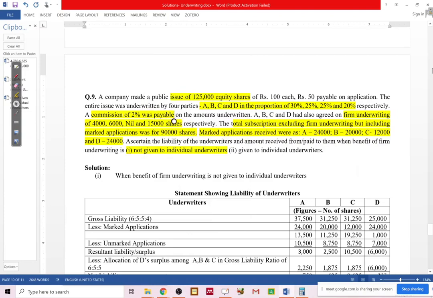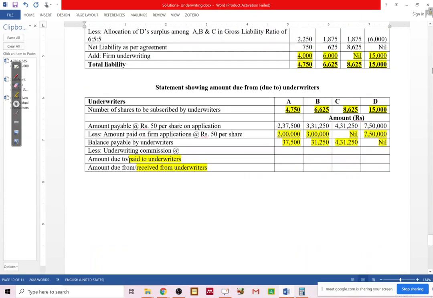I'll write the amounts directly here instead of writing them all over again. So 75,000 is the commission to be paid to A at the rate of 2%.